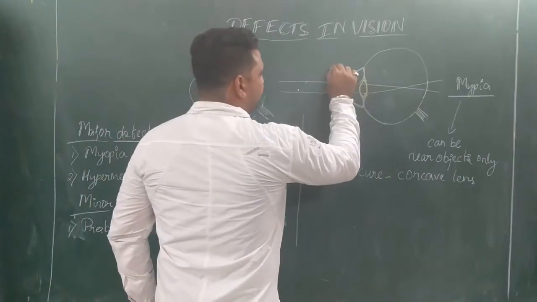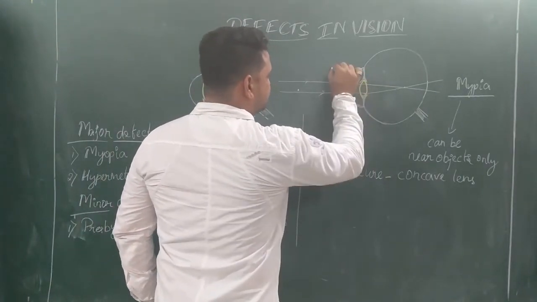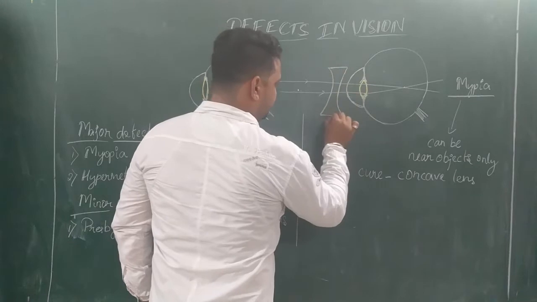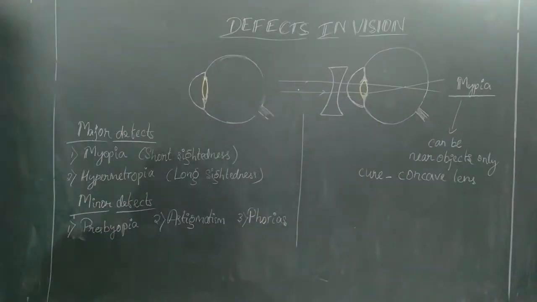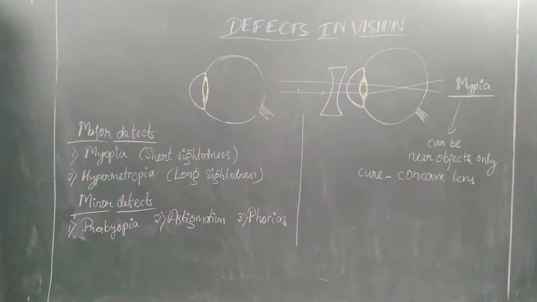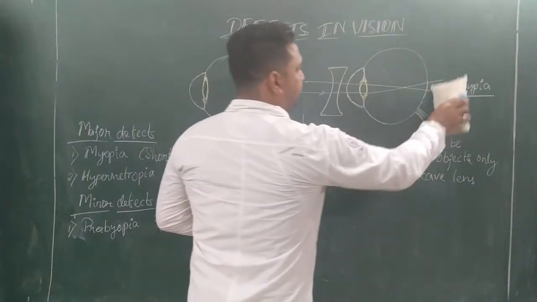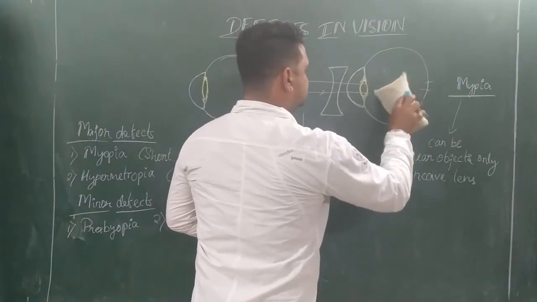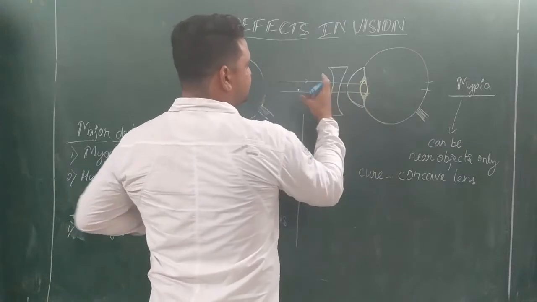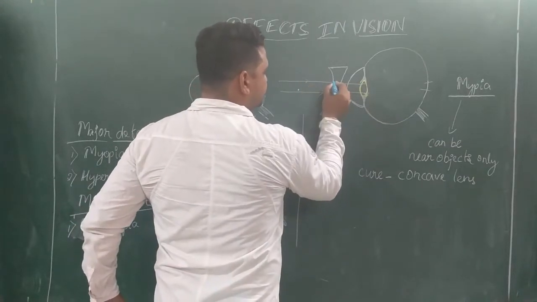So what will happen if a concave lens is placed in front of this eye? The parallel rays will diverge, as we know.